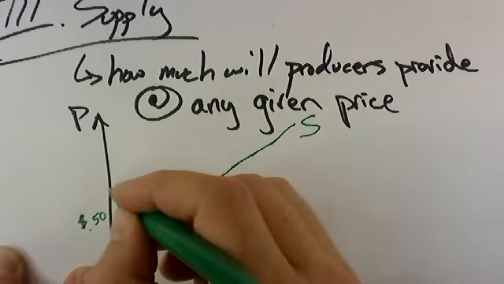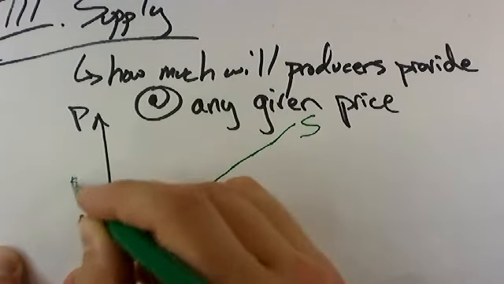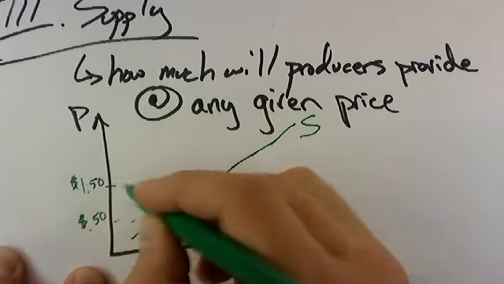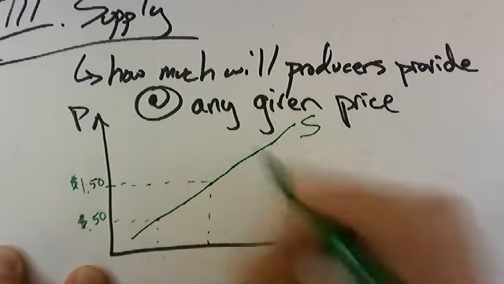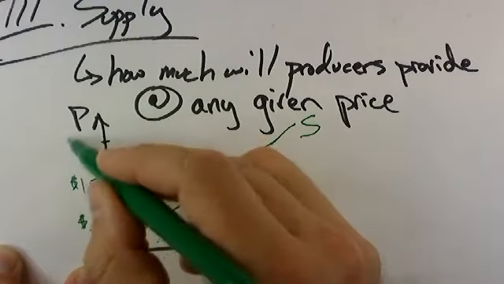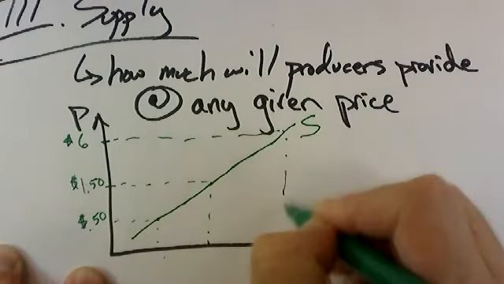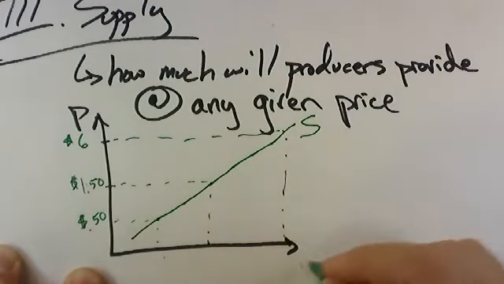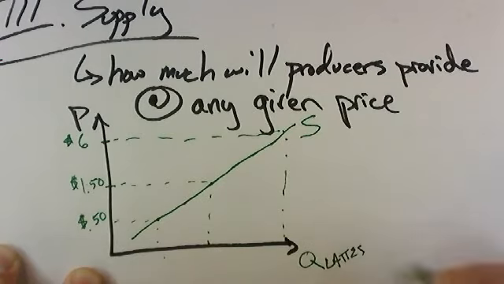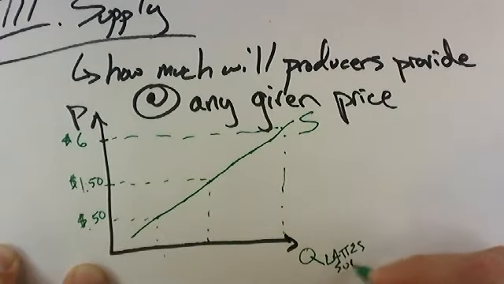And then if they raise the price, other shops are going to open. There's going to be more. And then if it gets to the $6 that we see now, then there's going to be even more in terms of quantity of lattes supplied.